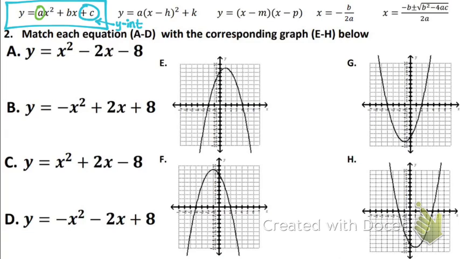Yep, it tells us about stretches, about compressions, and whether or not it has reflected upside down. If A is a positive number, then it opens up like a cup. And if A is a negative number, then it opens down like a frown.